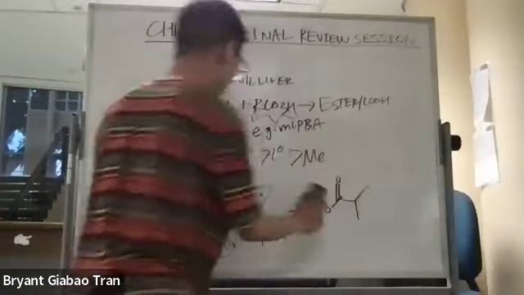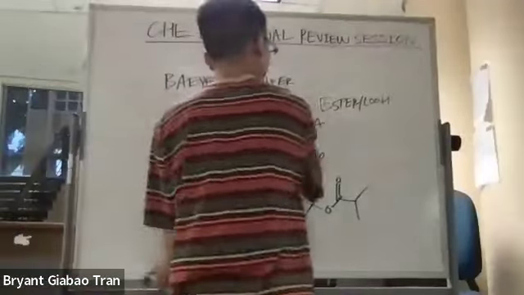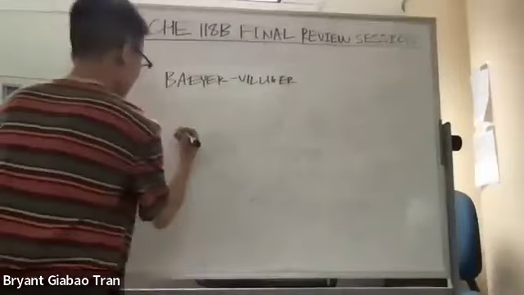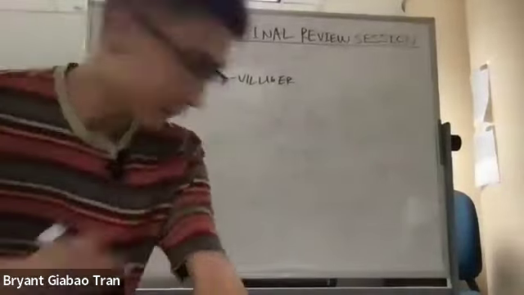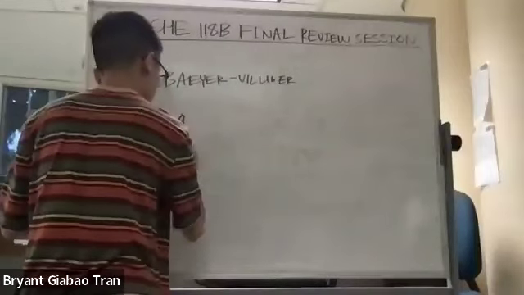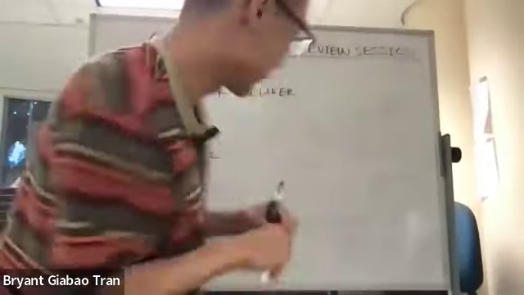Okay. So for the mechanism of this, it's going to be like this, right? Let's say we have a carbonyl and it has 2 R groups, R1 and R2. I'm going to circle R2 to represent that R2 is the higher priority group.